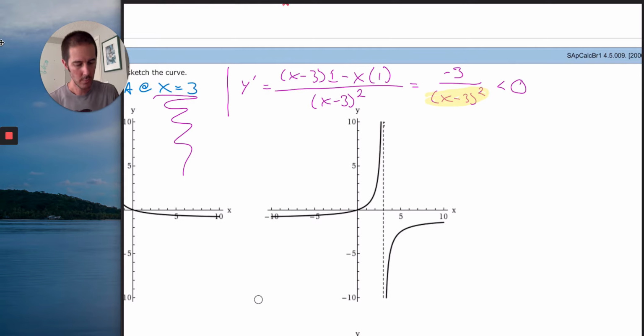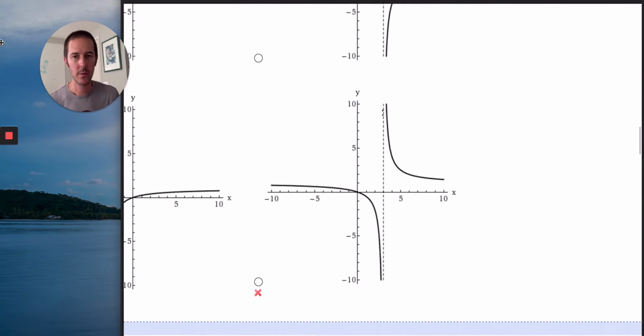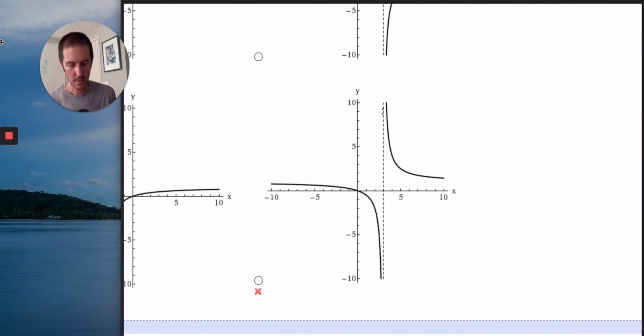So we would say that our function is decreasing for all x except x equals 3. Decreasing or negatively sloped tangent lines, that solves this problem. This is definitely the right graph.